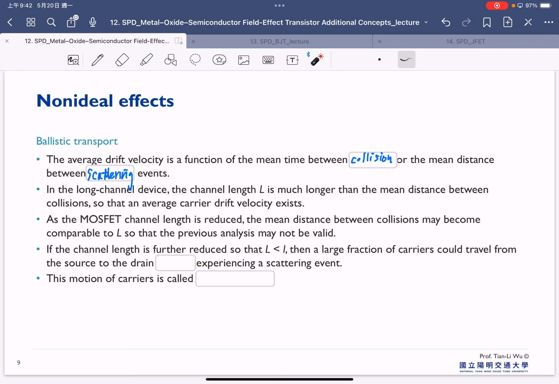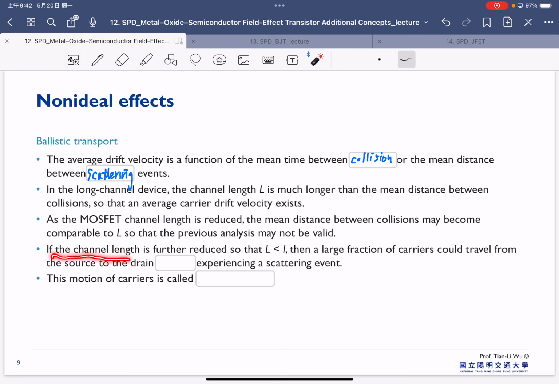Once this mean distance between collisions is larger than the channel length, because our channel length is very small, then we can consider that the electron moving in the channel doesn't have any collision events anymore, and that's why we call this ballistic transport.